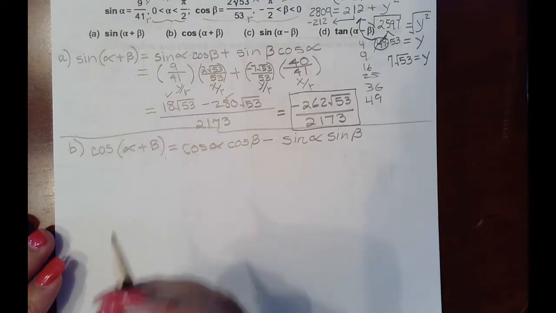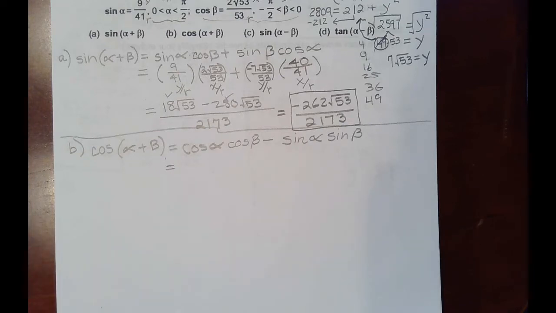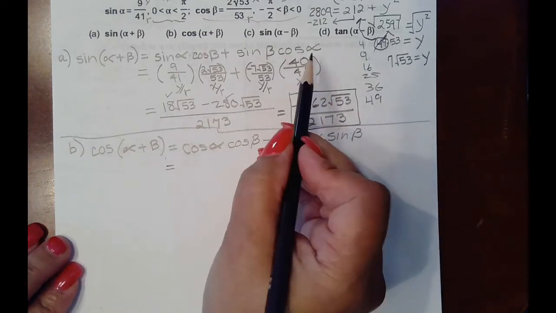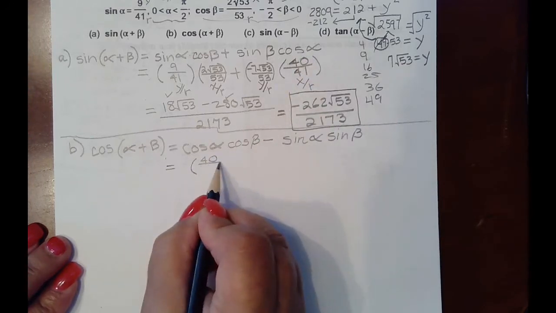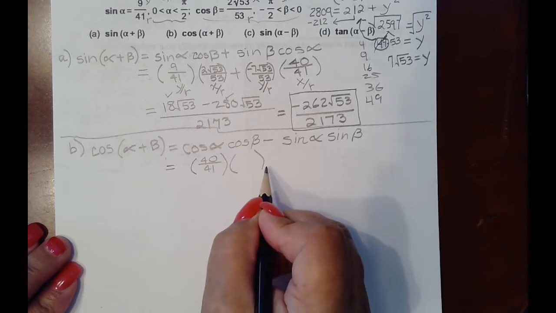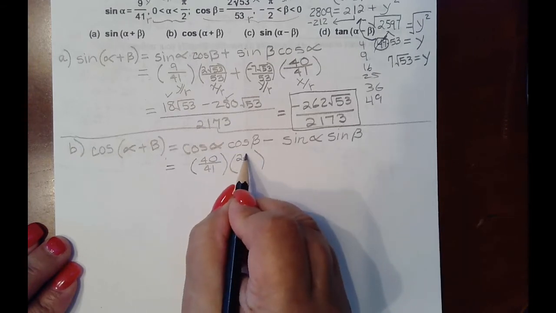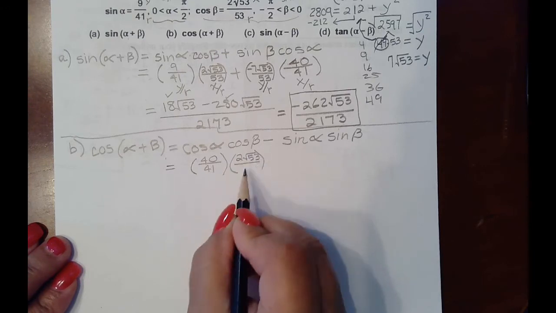Okay, so cosine of alpha, now you can just grab these values right from what we did in part A. Cosine of alpha is right here, 40 over 41. Cosine of beta was that 2 square roots of 53, but then you have to hope that you made no mistakes there.